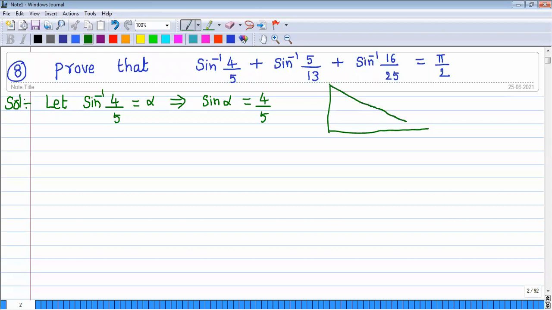What are the known sides here? Opposite is 4 and hypotenuse is 5. What is the unknown side? Adjacent is equal to 3. Now sin inverse 5 upon 13 equals beta. Sin beta equals 5 upon 13. Okay, take the triangle.